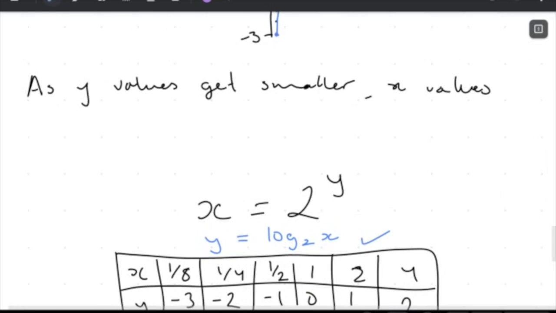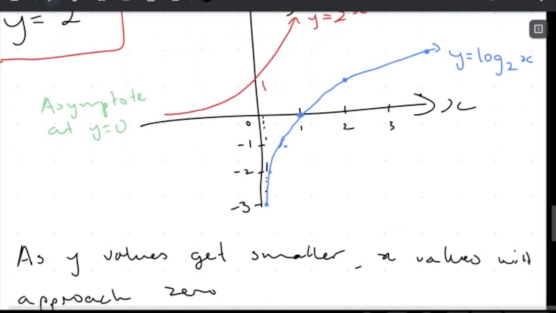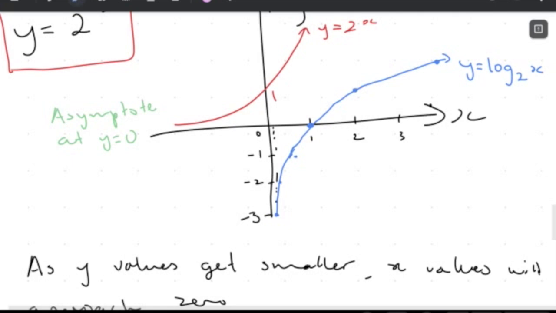So my x value will approach 0, in the same way that as my x values got smaller on my exponential, my y approached 0.